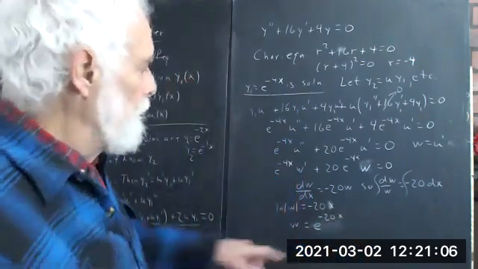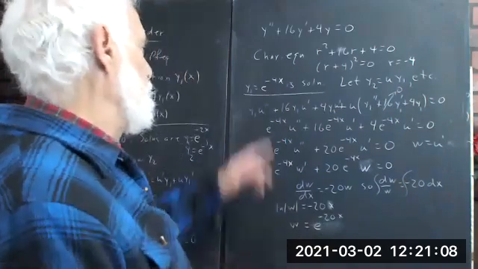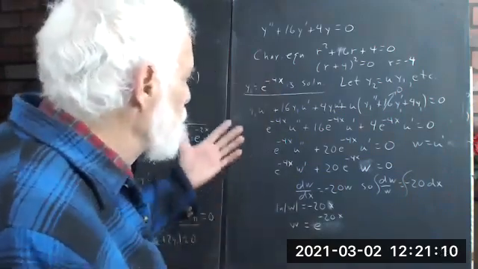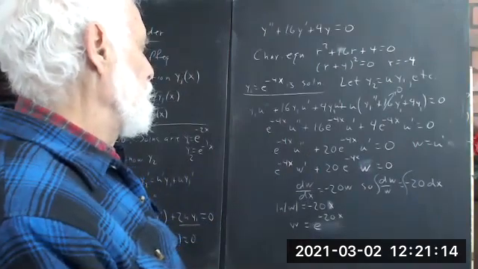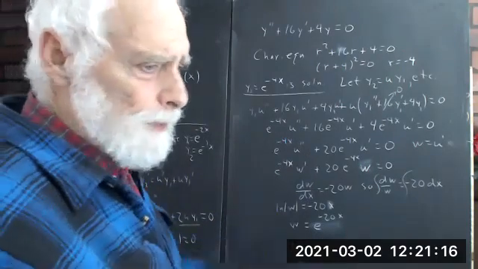And we shouldn't be getting e to the negative 20x. We should be getting e to the negative 4x. So something's wrong with one of my calculations or derivatives here, and that's going to have to be fixed.